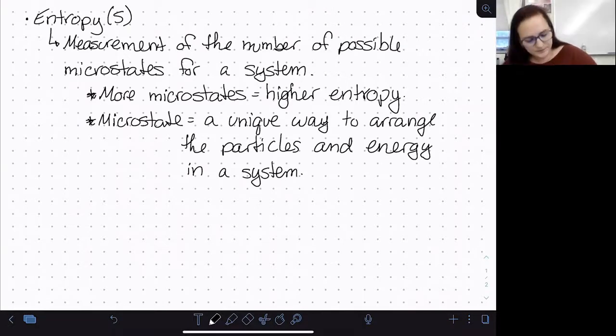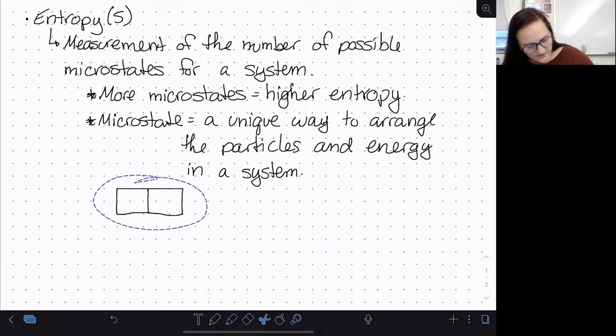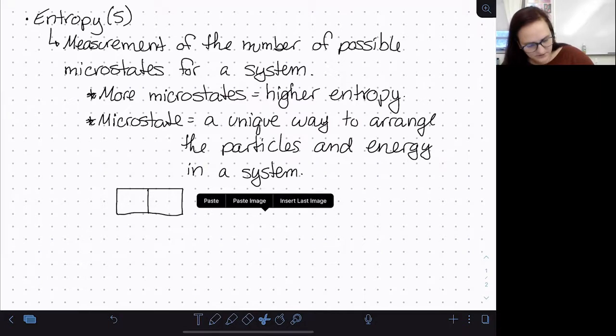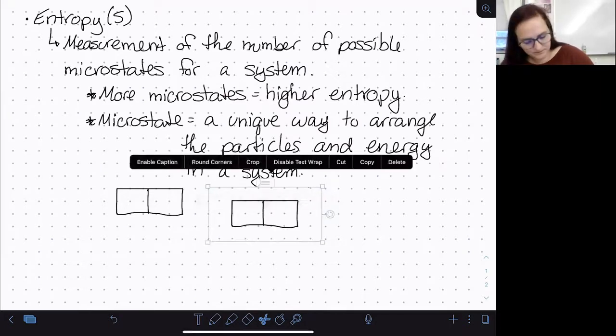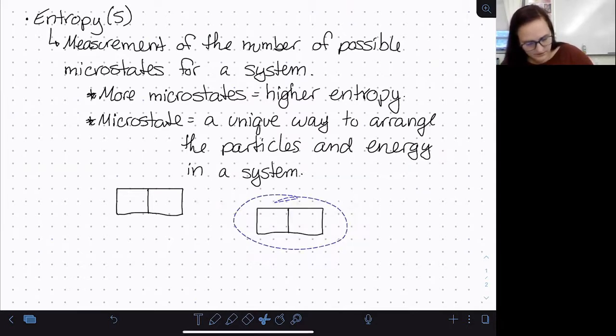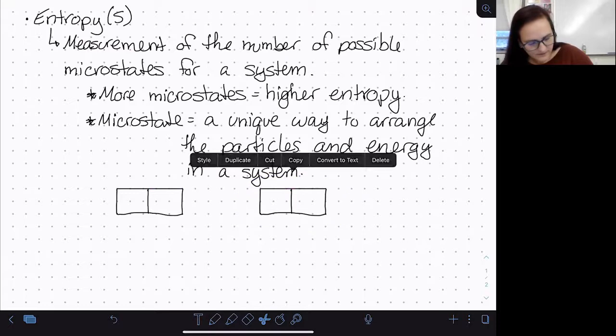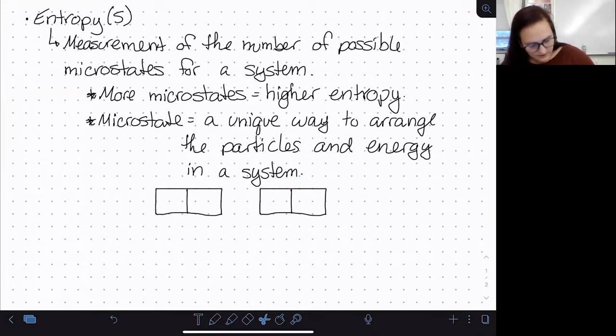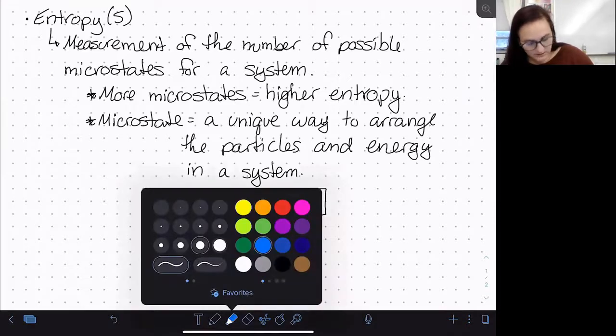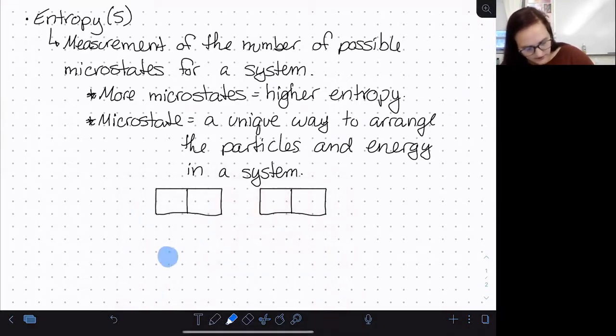So a really simple example, where we're going to start with not chemicals, is if I imagine I have a container that has two compartments in it, and I have two different items that I want to store in this container, a blue one and a pink one.